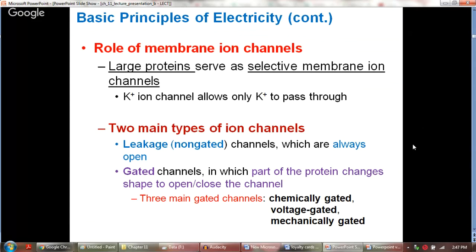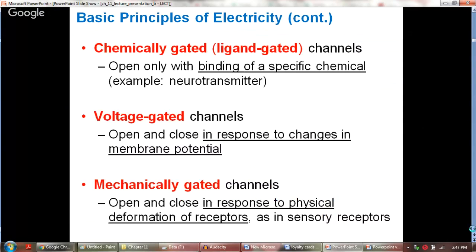There are three main gated channels: chemically gated, voltage gated, and mechanically gated. The chemically gated ion channels, we also call ligand gated channels. They open only when a specific chemical binds.